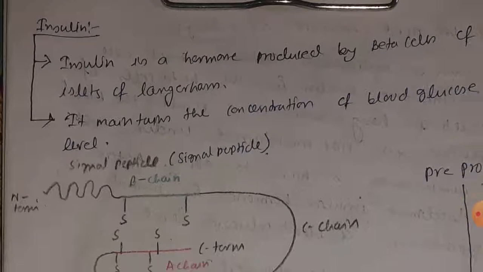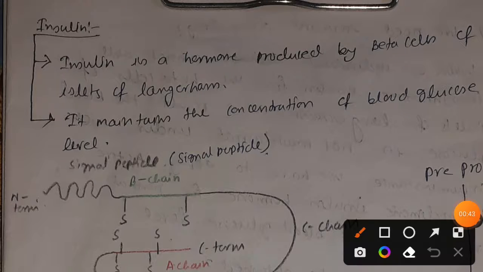First of all, let's discuss a little bit about what insulin is. Insulin is a hormone which maintains the blood glucose level, and it is secreted by the beta cells of the islets of Langerhans of the pancreas. So the function of insulin is simply to maintain the blood glucose level.